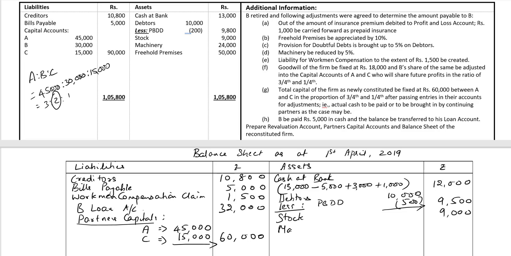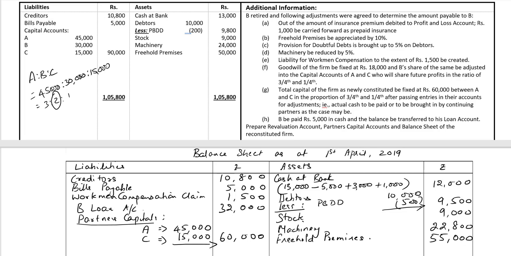Machinery, we reduce machinery by 5% or 1,200 rupees. So now it's 22,800 rupees machinery. Freehold premises, we appreciated the amount by 10% or 5,000 rupees. So it's 55,000 rupees.